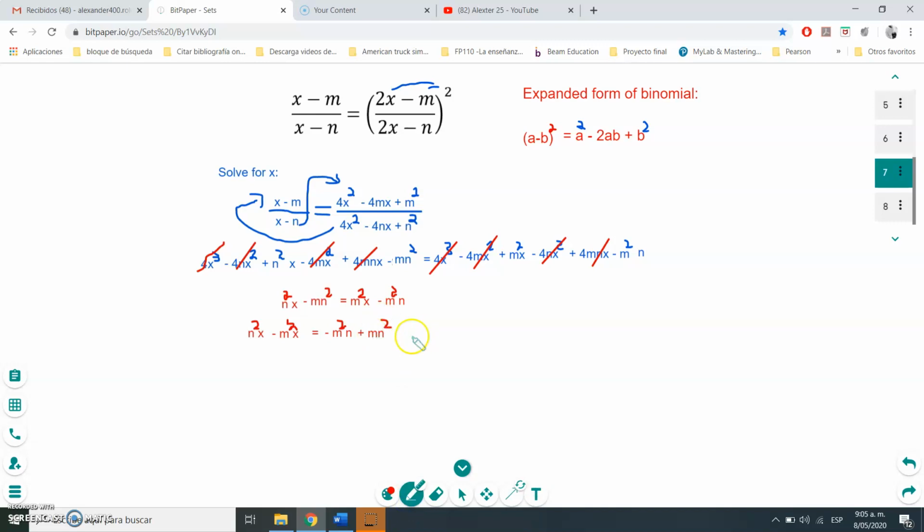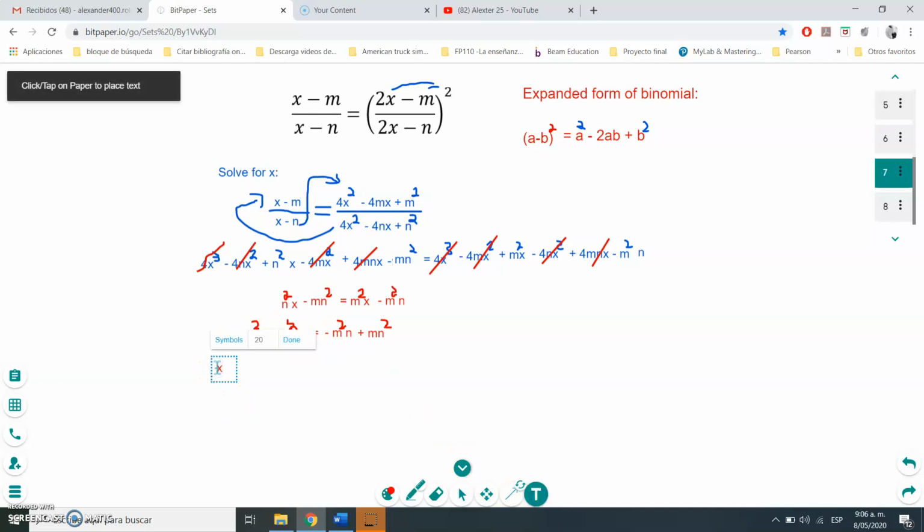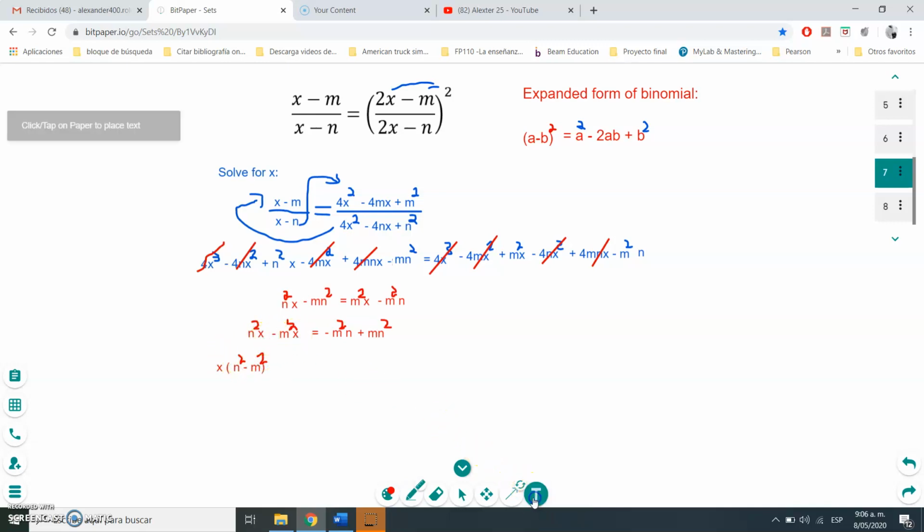Okay guys, once we have this, remember, now we can isolate the variable x, so it will be a common factor between this and this, so it will be x that multiplies n² minus m², all right, because this is the common factor of this, and then we have the equal sign.